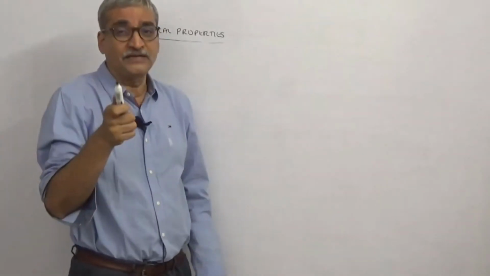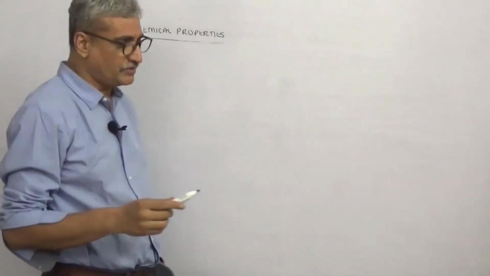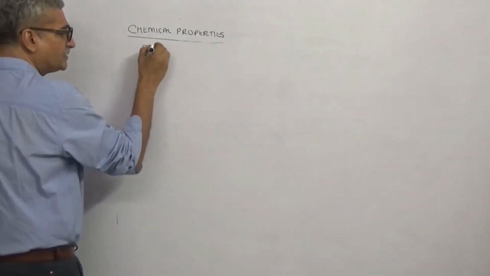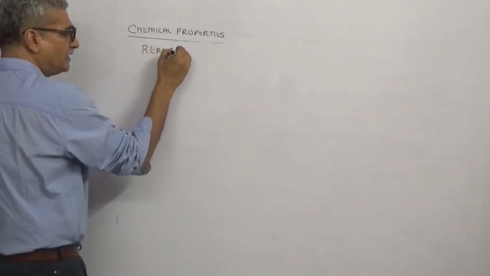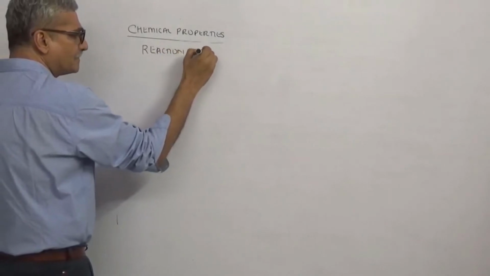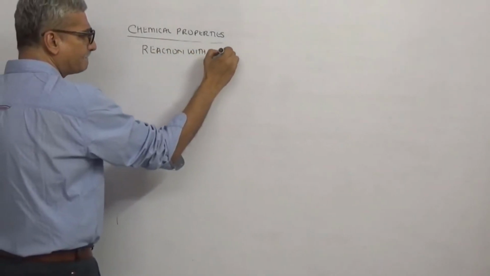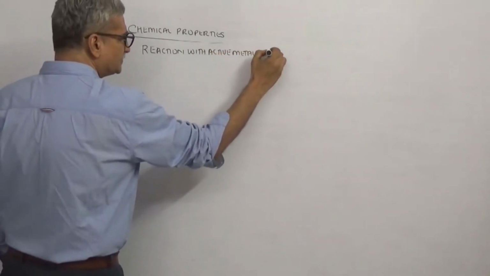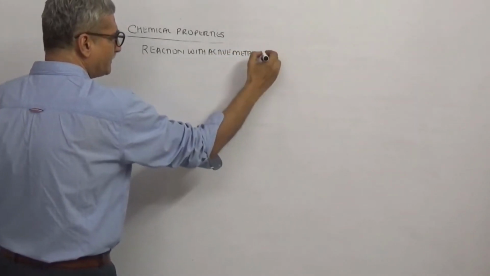So it's neutral to litmus, but it does react with sodium. So we have reaction with active metal like sodium. Reaction with active metal sodium.